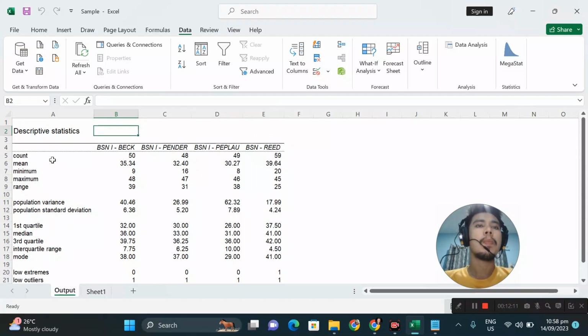So, all in all, the MegaStat software is easier to navigate compared to the IBM SPSS Statistics, Jamovi, and any other complex software that we can use in analyzing data.